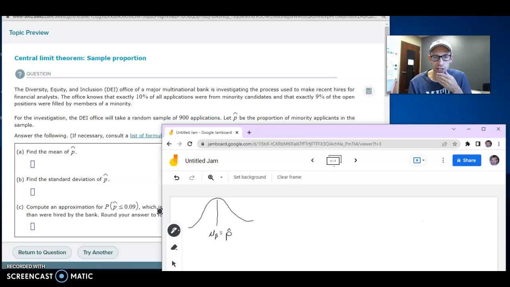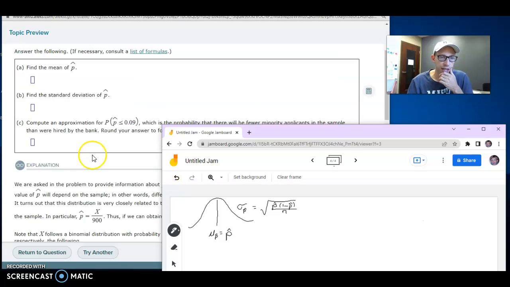The standard deviation of this proportion would just be the population proportion times 1 minus that value divided by the sample size.